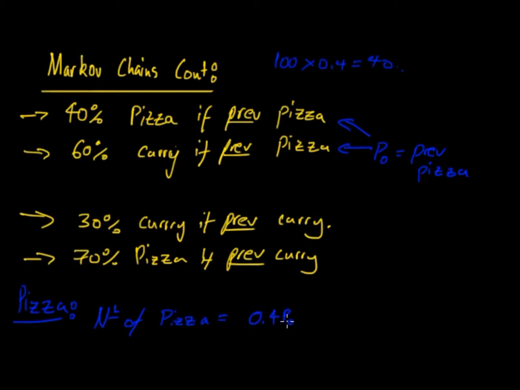So it's 0.4 times PO, which is the previous pizza. But then we have to account for the students who ate curry, who will then eat pizza the next day. That's 70%, so plus 0.7 times CO, where CO is the number who ate curry previously.